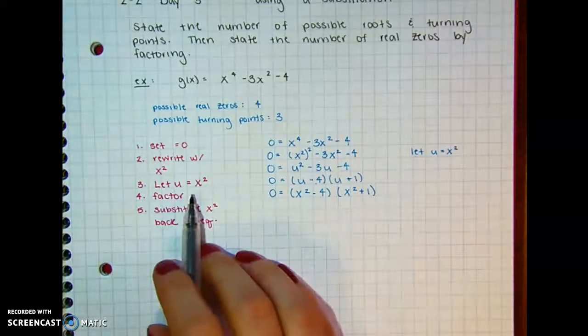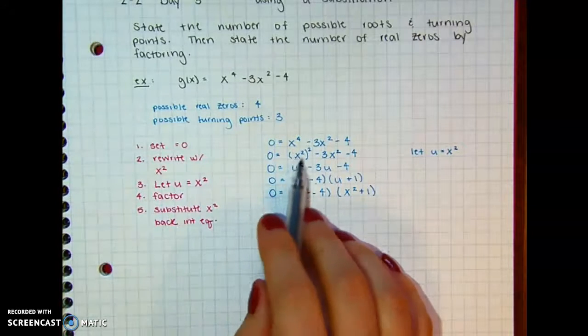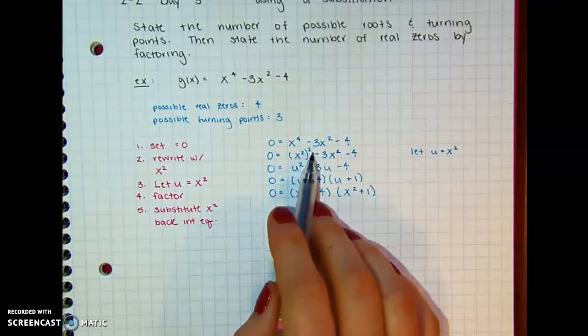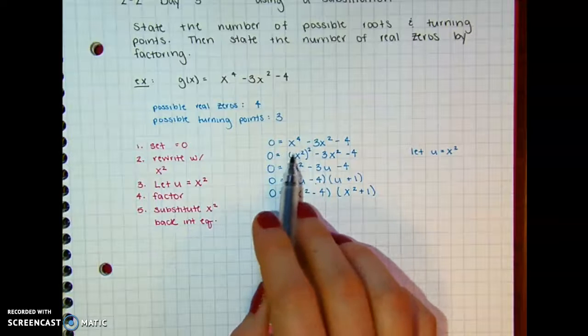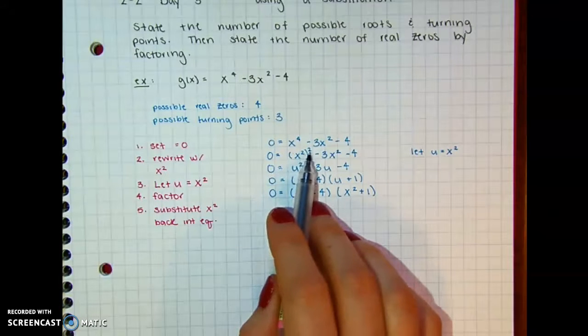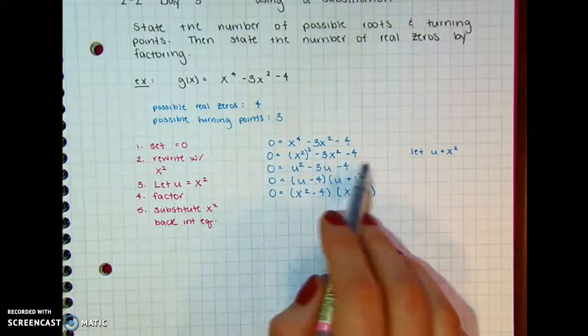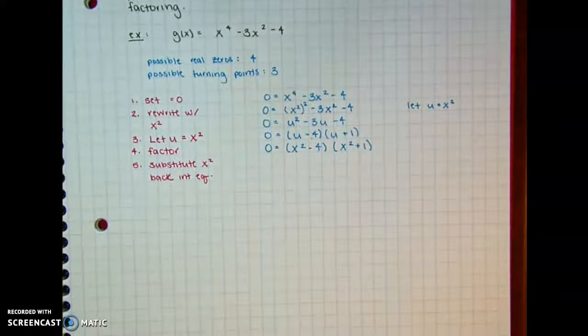Now u is not always going to be x squared, it could be bigger, but that's what made this look like a quadratic. So you're going to rewrite it so that you know that this exponent will be 2. So then it's easy to factor.